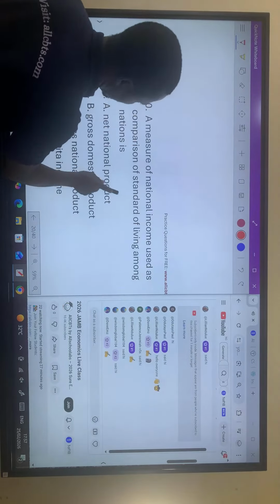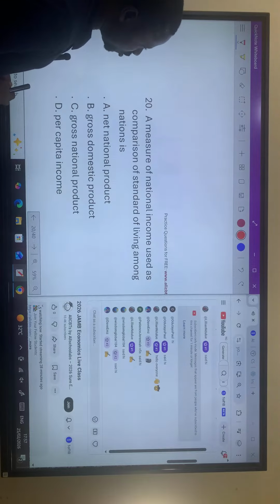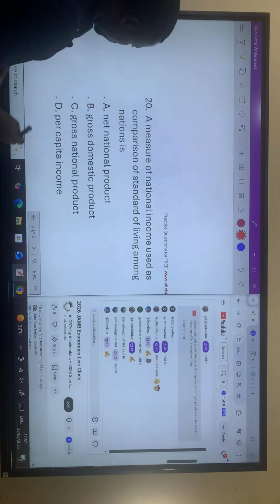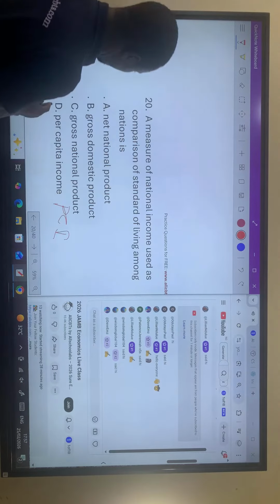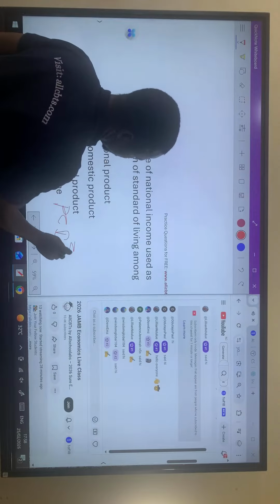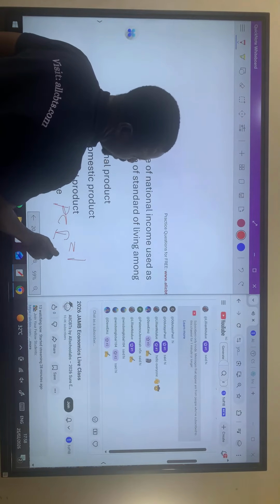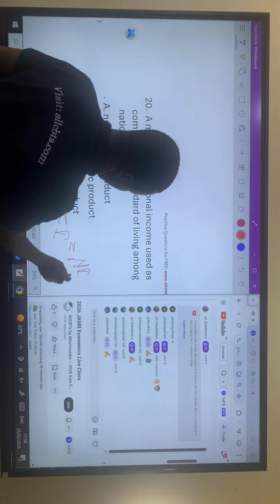The next one. The measure of national income used as a comparison of standard of living among nations, of course, is PCI. This is what they call PCI, per capita income. What is per capita income? Per capita income is derived when you divide the national income by the population.